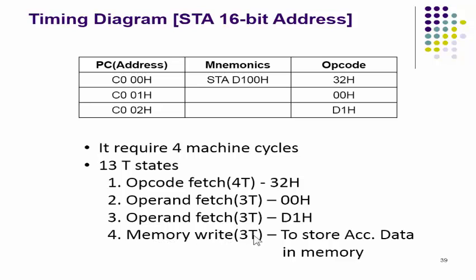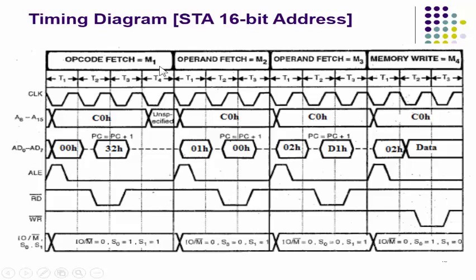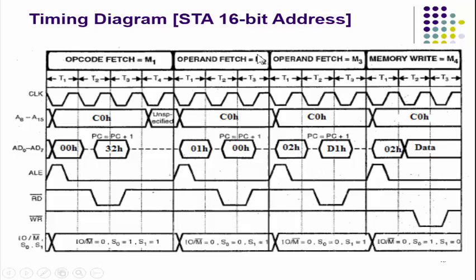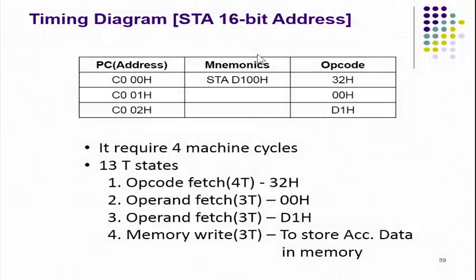So opcode fetch cycle 4 T state, opcode is 32, operand fetch cycle with 3 T states with 00, third machine cycle again operand fetch with 3 T state for D1, and one more machine cycle, memory write machine cycle with 3 T state to store a data from accumulator to memory location D100.